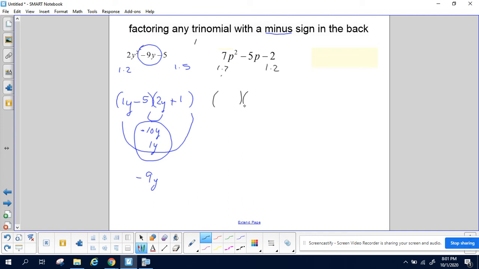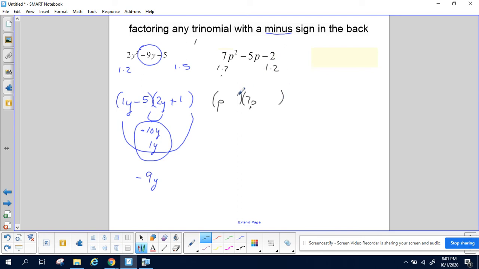Put your front numbers in, 1 with the letter P, or just use the letter itself, and 7P.